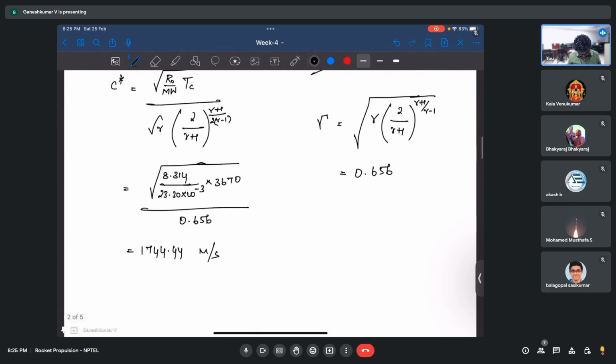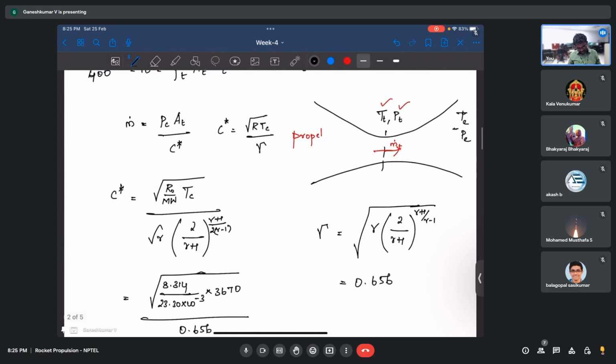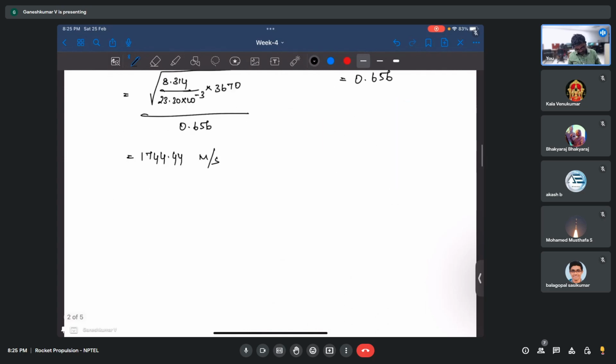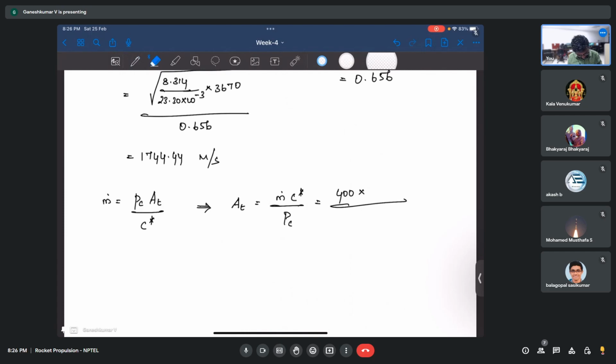Thank you. So we found C star, and now we know m dot. M dot is equal to PC AT by C star, so AT equals m dot C star by PC. Which is 400 kg per second, times 1744.4, divided by the chamber pressure, which is 35 atmosphere.